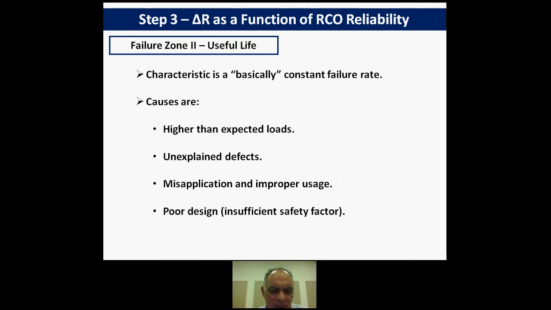We might have some poor design, and the faults appear during the useful life as well. Not necessarily appearing immediately in the beginning. We might carry the problem during the useful life of the system. And again, we have some chance and random causes. I would say probably they are very much connected with the unexplained defects.